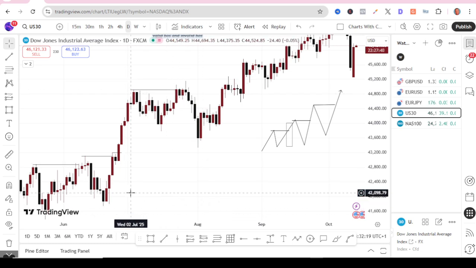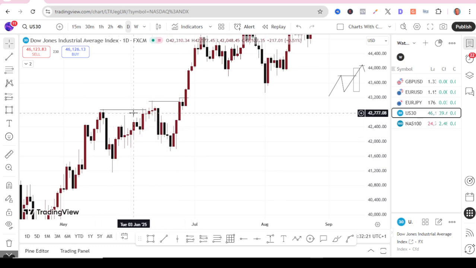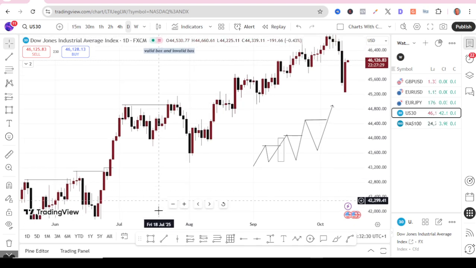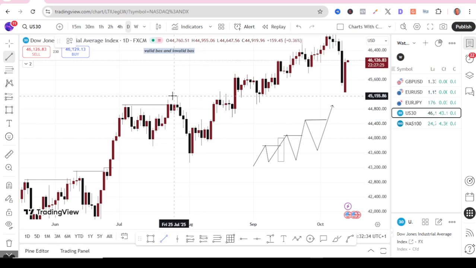Watch this one as well. Immediately we took out this liquidity, which is not a valid break of structure. We reversed back. Okay, so same thing is happening here as well. Same thing happened there. This is not a valid break of structure. This is not where the break of structure happened.